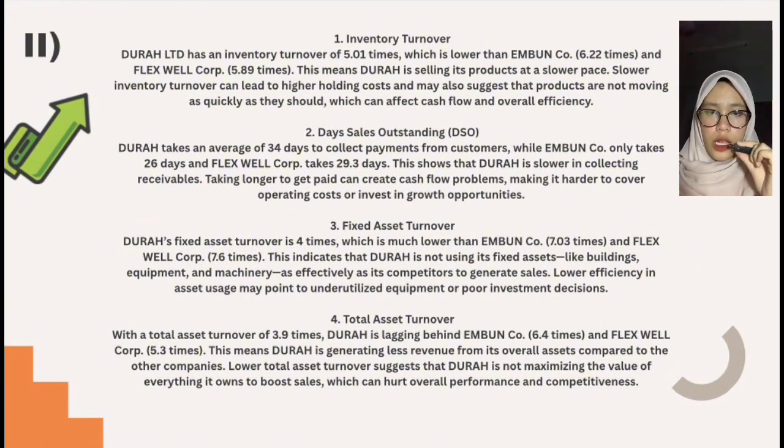This means Dura is generating less revenue from its overall assets compared to the other companies. Lower total asset turnover suggests that Dura is not maximizing the value of everything it owns to boost sales, which can hurt overall performance and competitiveness.